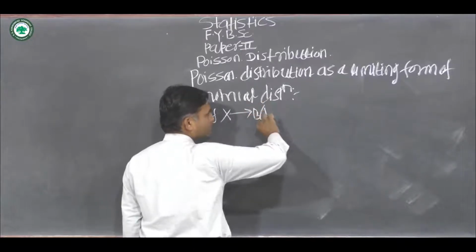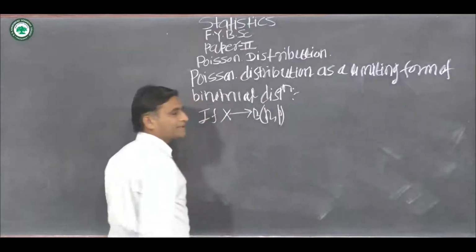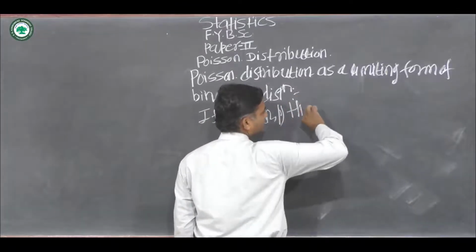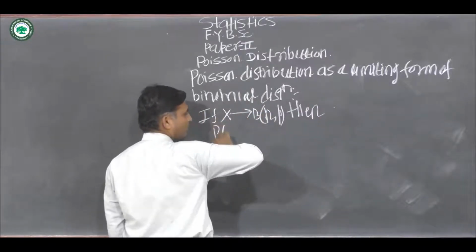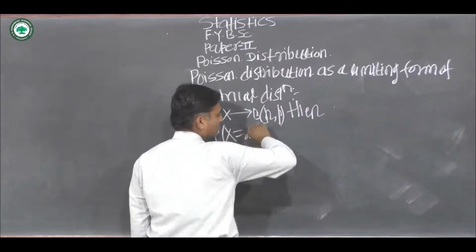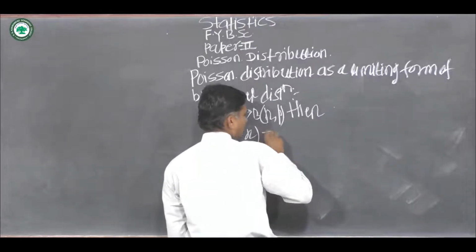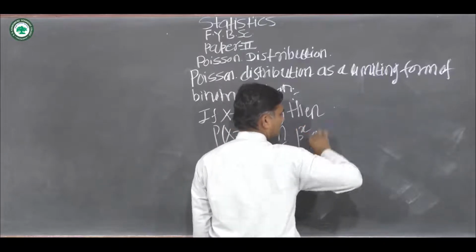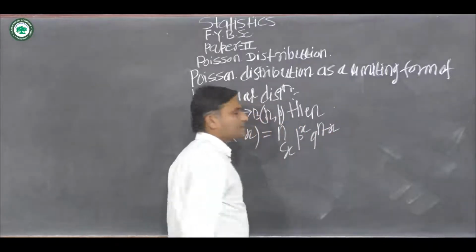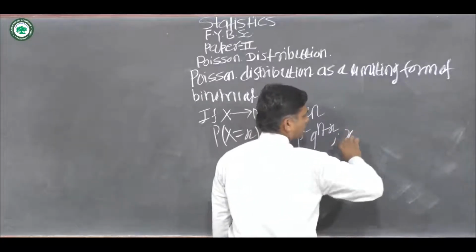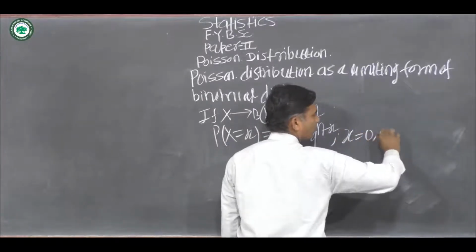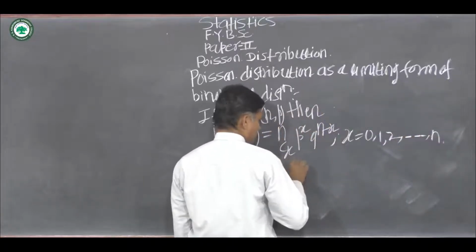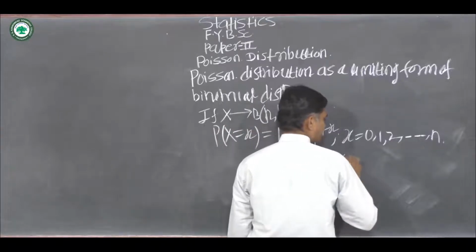binomial distribution with parameters n and p, then its PMF is probability of x equal to small x, which is equal to ncx into p raised to x into q raised to n minus x. Here x takes values 0, 1, 2 up to n and 0 otherwise.